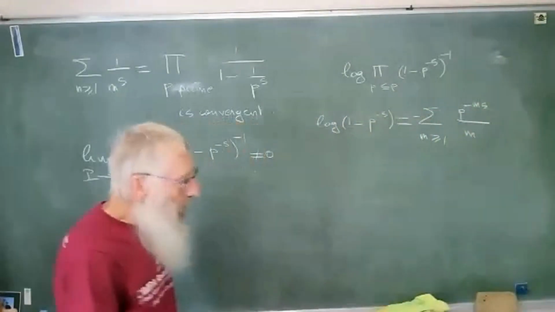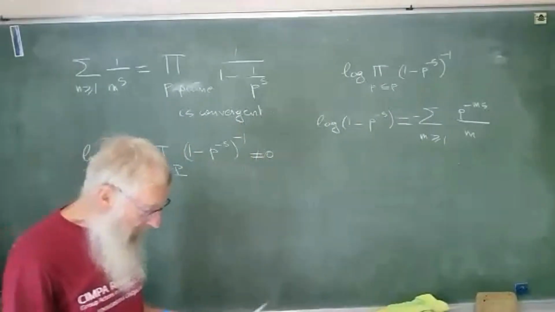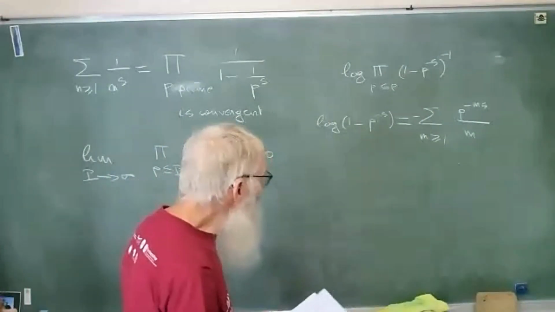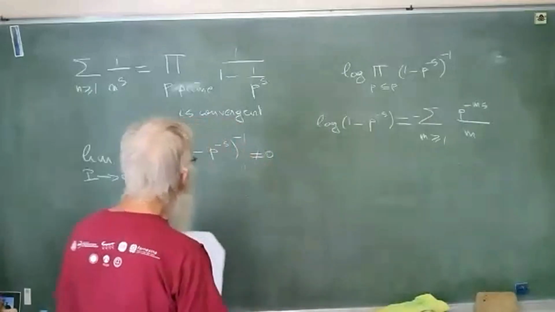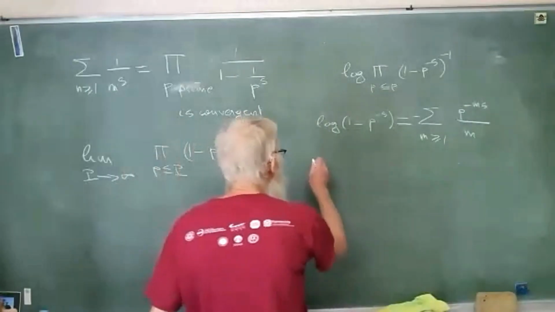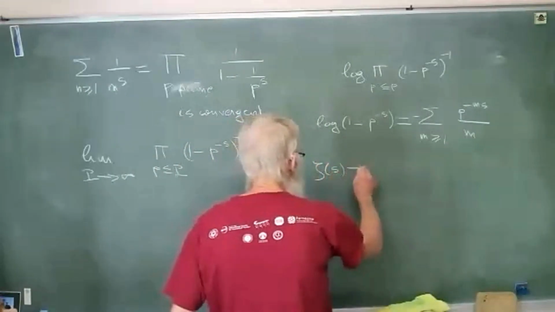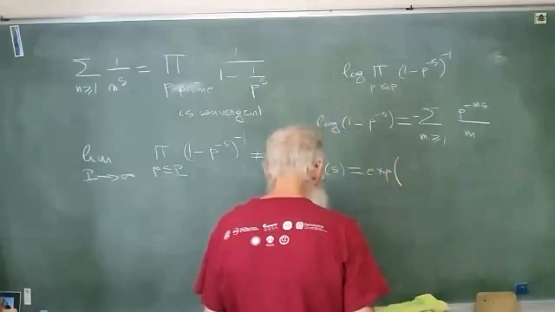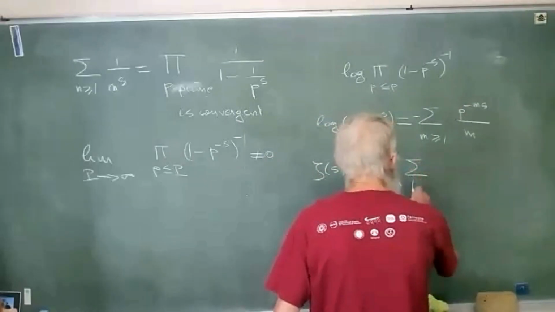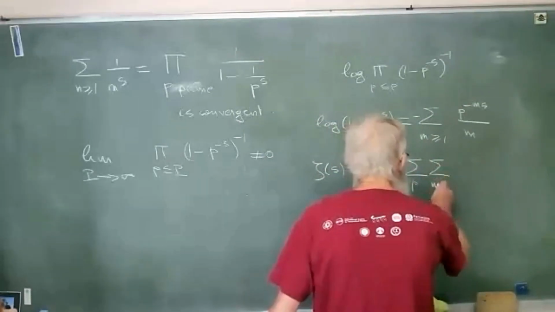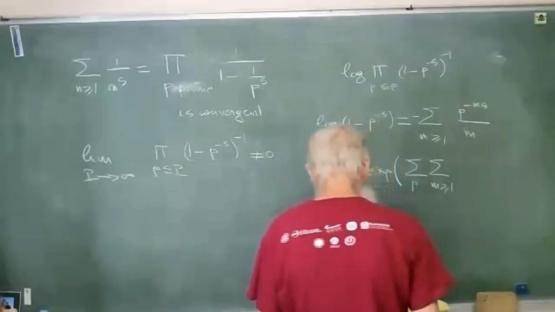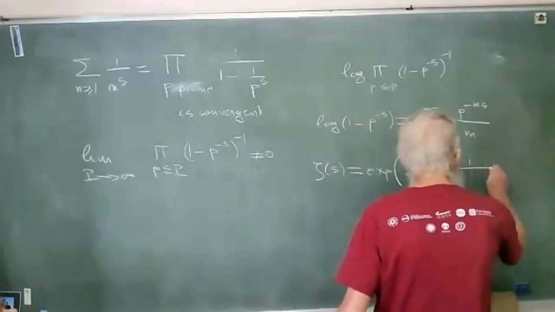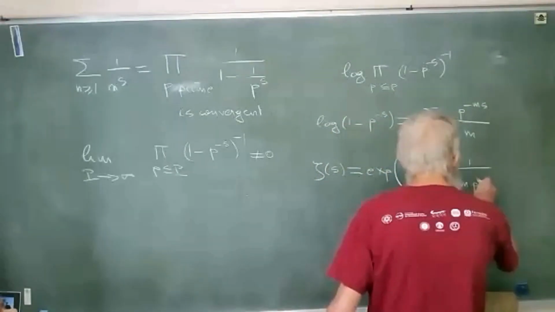This is the expansion of the logarithm that we have seen before. And so what we obtain is that zeta of s is the exponential of the limit of the sum over p, the sum over m greater than or equal to 1, of 1 over m p to the ms.